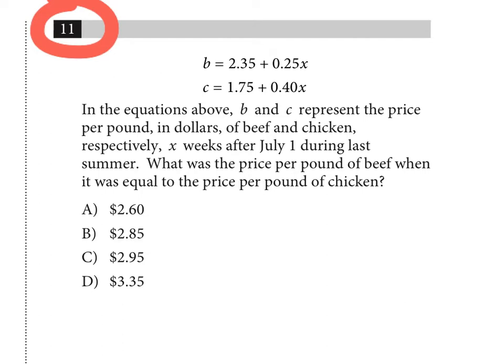All right? When you have a systems of equations, what exactly do you have? In a system of equations, what you have is 2 equations and 2 unknowns. All right?